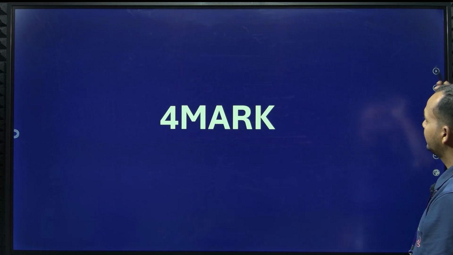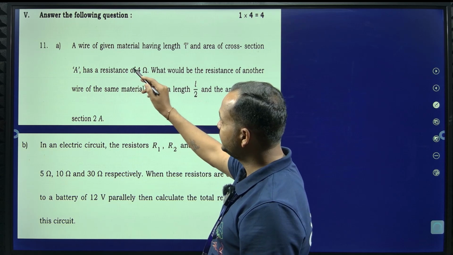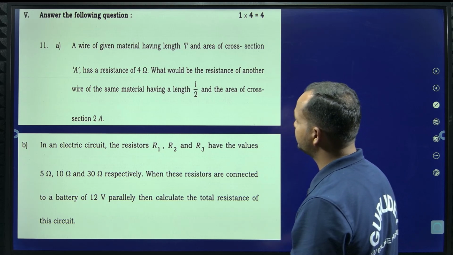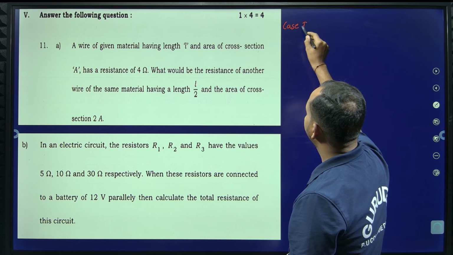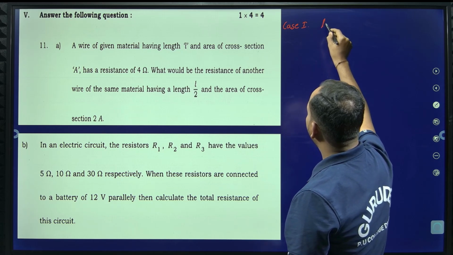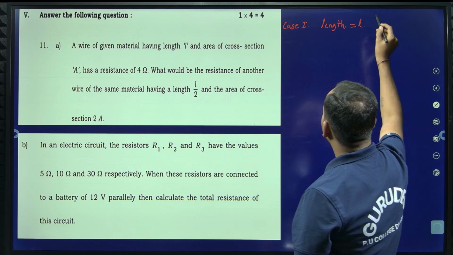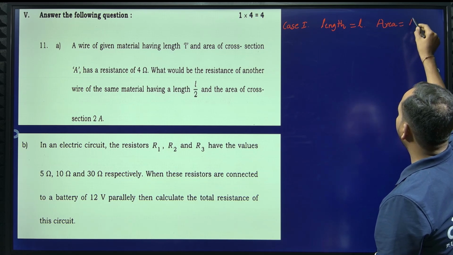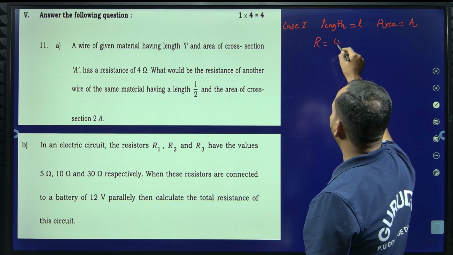Yes. Next, the 4-mark question. A given wire material has a length L and area of cross section A. This is case 1: length is L, area of cross section is A, and the resistance of the wire is 4 ohm.